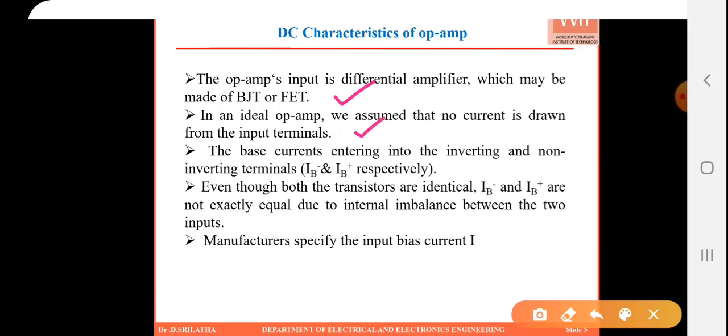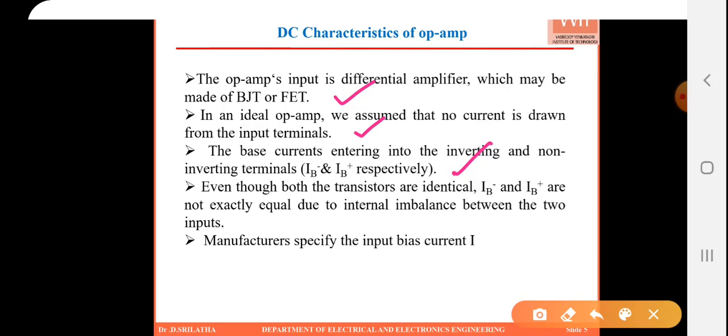But because of biasing, some base currents are flowing through the two input terminals, IB plus and IB minus, that's what we have discussed. So, even though both transistors are identical, IB plus and IB minus are not exactly equal due to a little bit of imbalance internally in the transistors. So, definitely IB plus and IB minus are not equal.